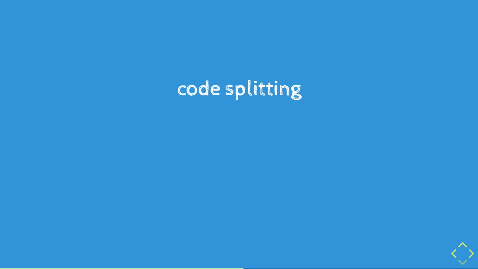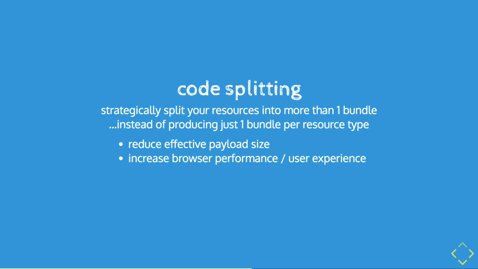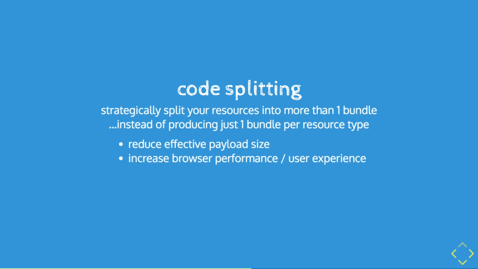So let's actually define it since I haven't done that yet. Sorry about that. Does anybody want to do it for me? Dang, that is a good definition. Couldn't say that yourself. Yeah, so strategically split your resources into more than one bundle instead of just producing one bundle for each type.